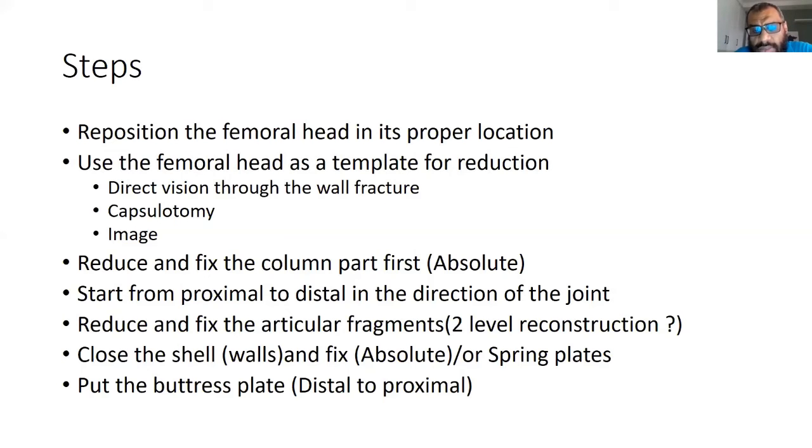ischium. And the last tip: I always reduce from proximal to distal, as we said, but in fixing the buttress plate, I prefer to put the distal screw first to avoid what's called the helicopter effect. So you put the first screw in the posterior column in the ischial tuberosity.